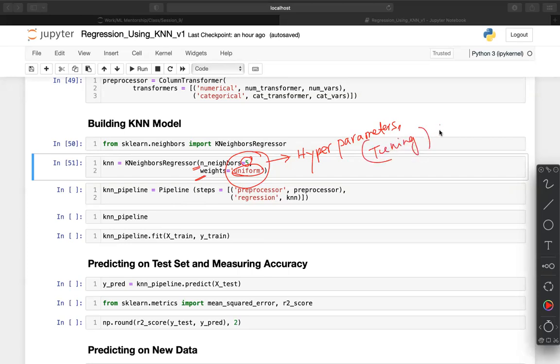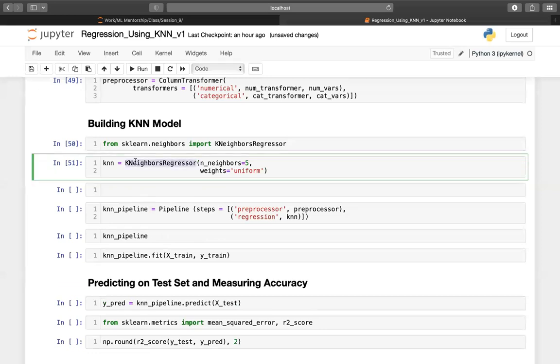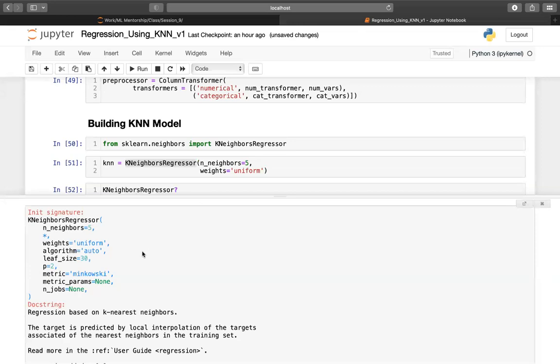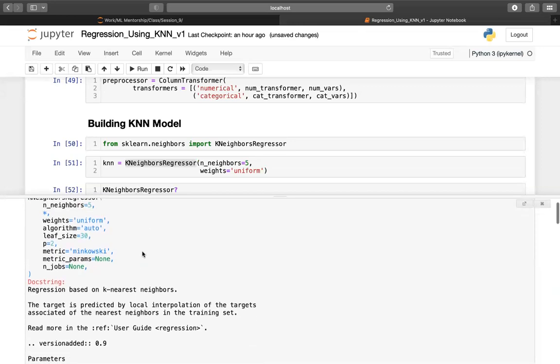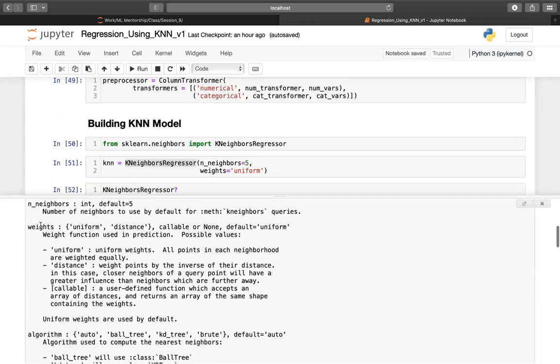And this is, of course, a topic for one of the future sessions we will go through in detail. But as of now, let's hard code that. If you look at the documentation of the KNeighbors regressor, n_neighbors is the number of neighbors to use by default, and weights is the weight function used in prediction.